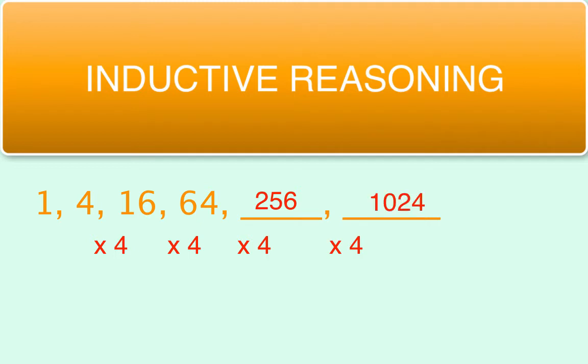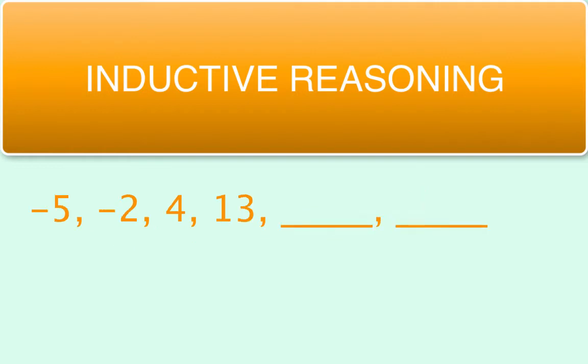This is inductive reasoning. Let's pause the video here and see if you can make a conjecture about the next two numbers in this next sequence. Hopefully you paused and noticed the pattern of increasing the previous number by 3 more than the prior increase.